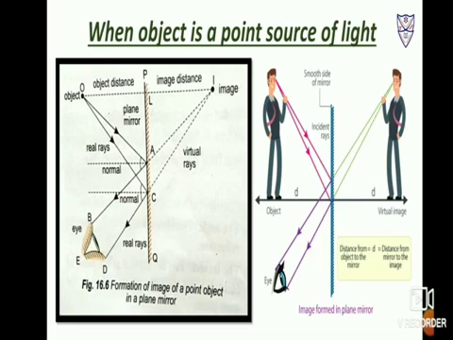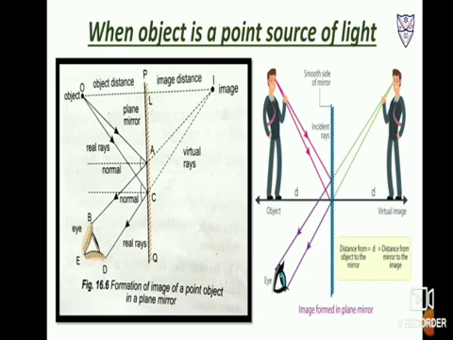Now we extend them backwards and they meet at point I. So the reflected rays AB and CD appear to come from the point I. So we can say that the virtual image of the point O is formed at I.